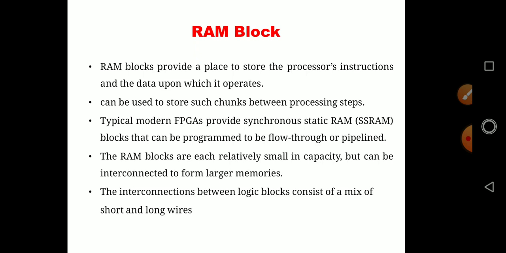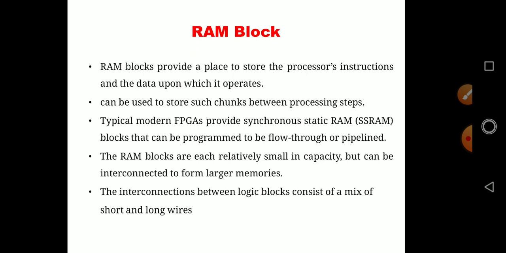This is another function of RAM in FPGAs, and typical modern FPGAs provide synchronous static RAM. SSRAM is usually used in FPGAs. SSRAM blocks can be programmed either in a flow-through or pipelined manner. RAM blocks are each relatively small in capacity but can be interconnected to form large memories. For example, if a block has a capacity of 18K bits of storage, it can again be programmed to provide 16K by 1 bit, 8K by 2 bits, 4K by 4 bits, as well as 512 by 36 bits.